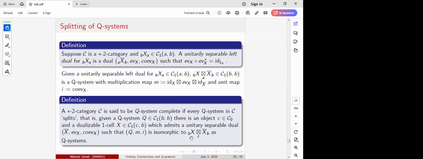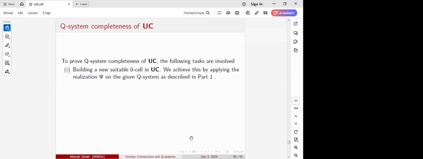Now, to show that UC is Q system complete, the following steps are needed. The first step is to build a new suitable 0-cell in UC, and this is achieved by applying the realization functor psi on the given Q system. The second step is to build a dualizable 1-cell X dot W dot in UC, having a unitarily separable left dual in UC.